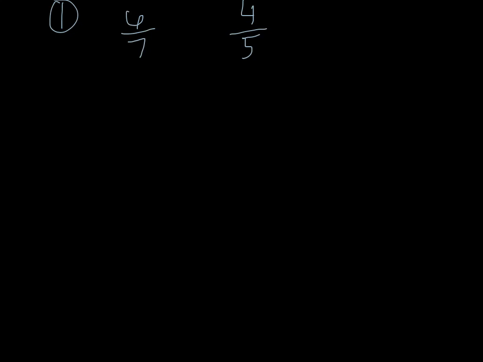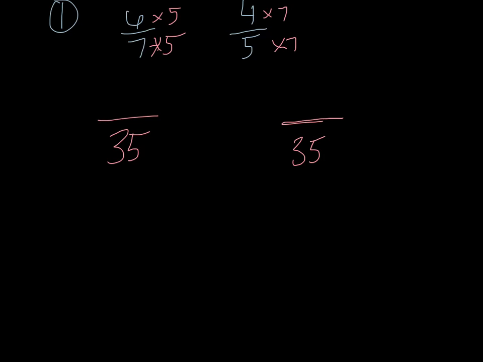So my goal is to find a common denominator. Between 7 and 5, I can multiply by 5, multiply by 5, multiply by 7, multiply by 7, and now I have found my common denominator of 35. Because if I have a common denominator, then I just look at the numerator to see which one is bigger.